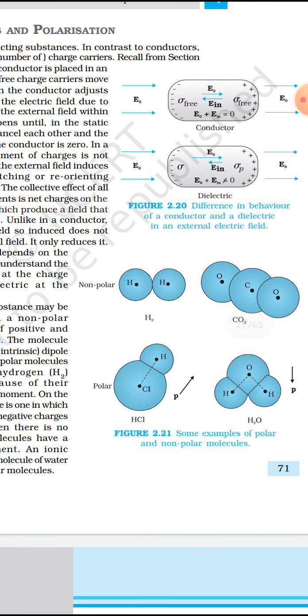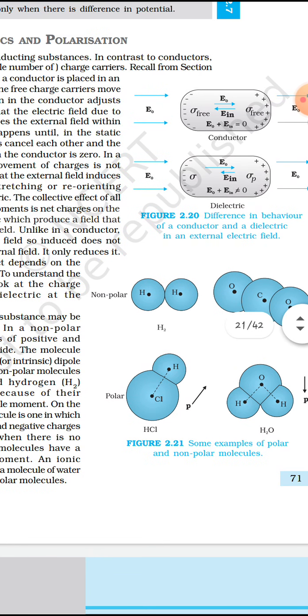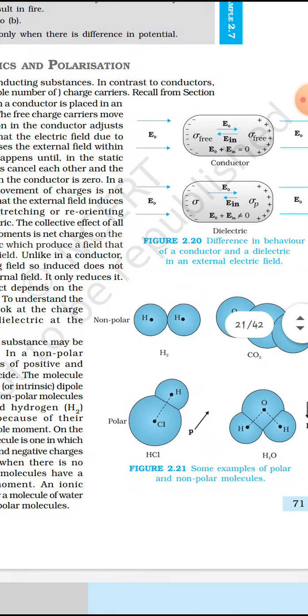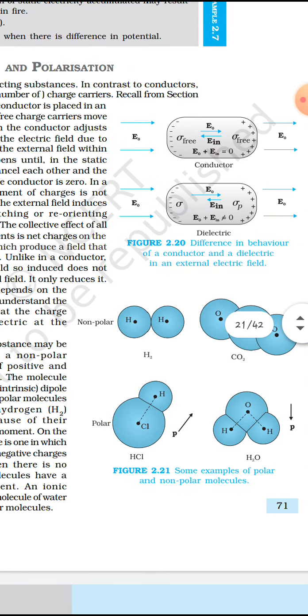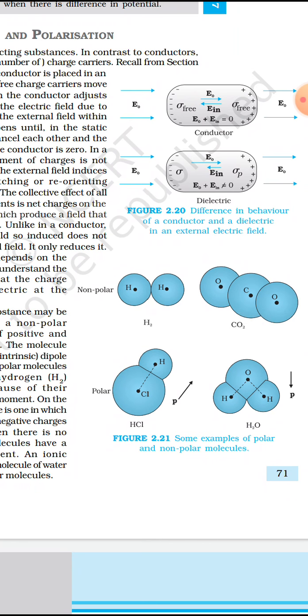So if they are both not equal to 0, then we can say it is a dielectric. If they are equal to 0, then we can say it is not a dielectric, or it is a conductor. Like that only, polar and non-polar.